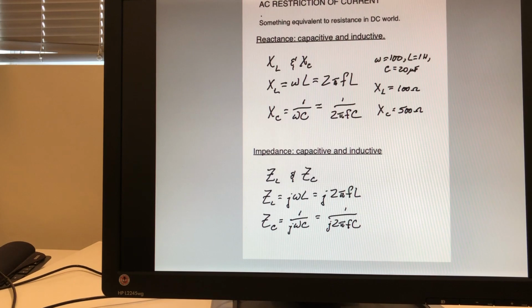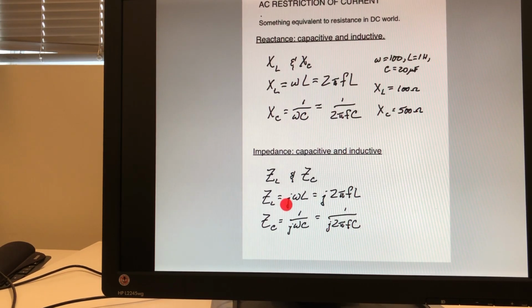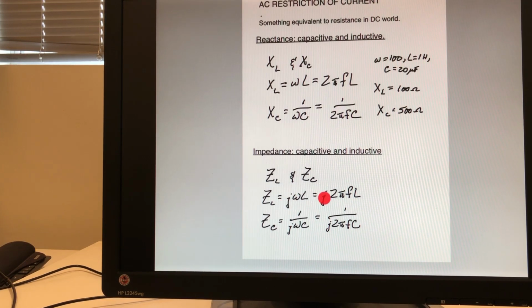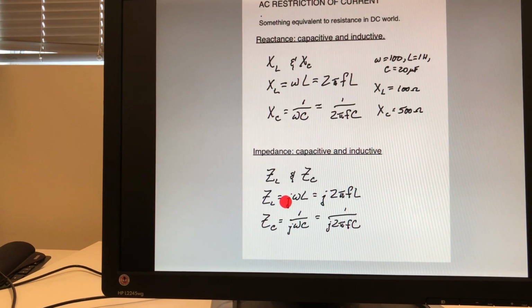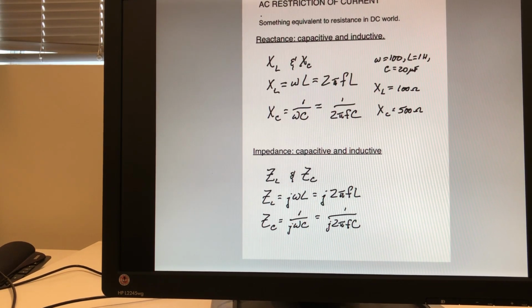As you can see, the major difference between the two is that now we have the complex version of the restriction on current, and this is the one that we will actually end up using. It would be j omega L for the inductor and 1 over j omega C for the capacitor.